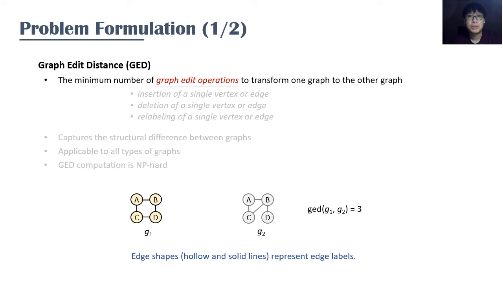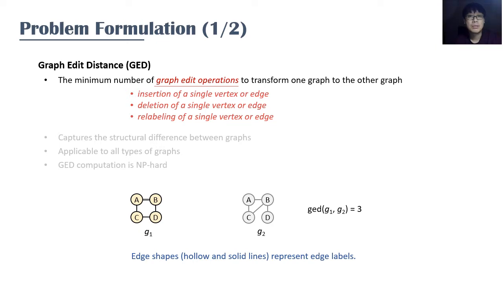The GED between two graphs is the minimum number of graph edit operations to transform one graph to the other graph. A graph edit operation is an insertion, deletion, or relabeling of a single vertex or edge. For example, let's consider the two graphs G1 and G2.